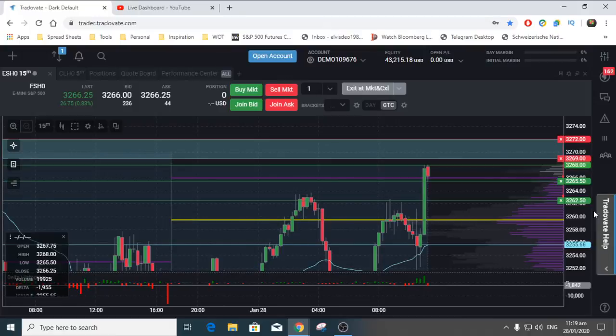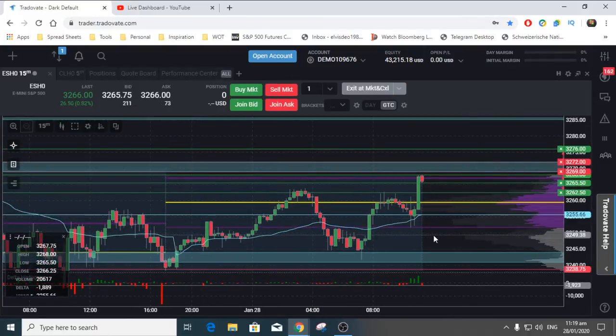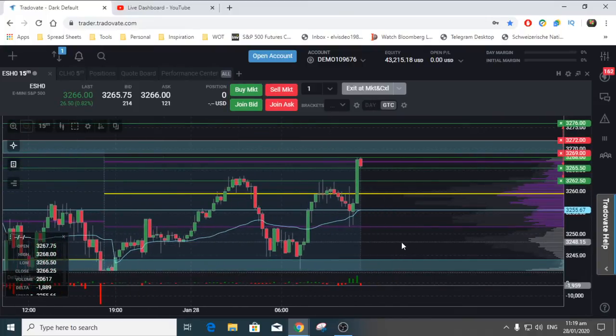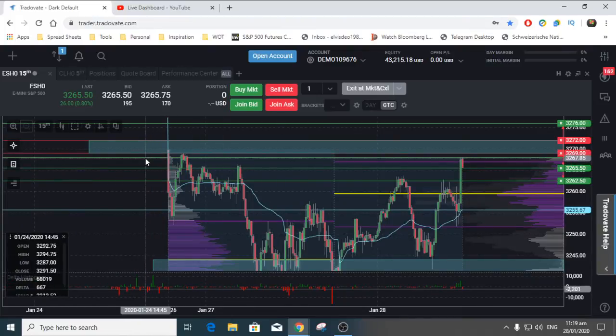If you held on, it was a pretty good trade. Make sure you don't take too much risk if you're in multiple contracts. Ooh, construction started up. So make sure you know what your location is, where your stops are located, how wide you could go on your stops. I always believe in wider stops, fewer contracts.